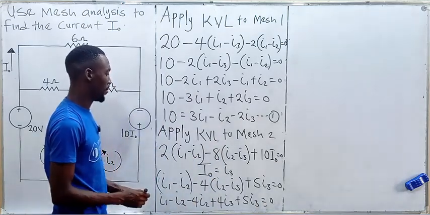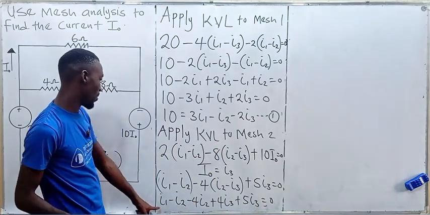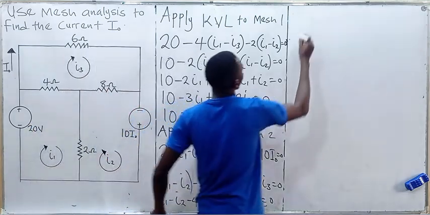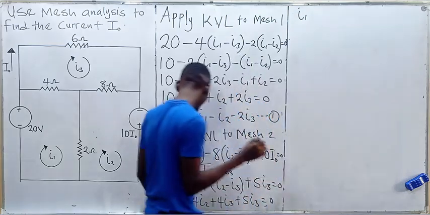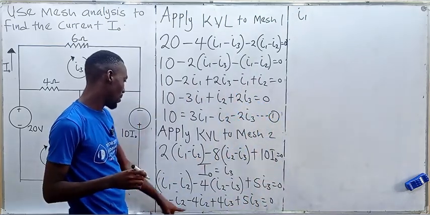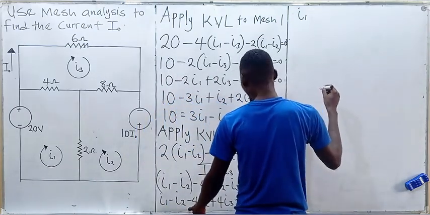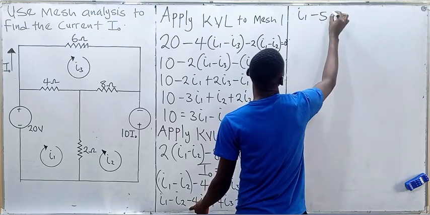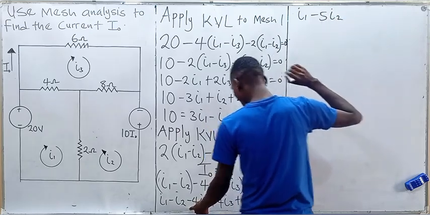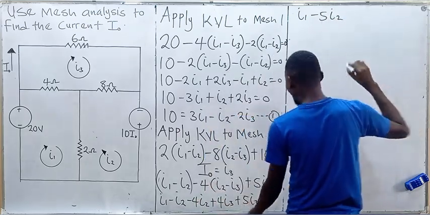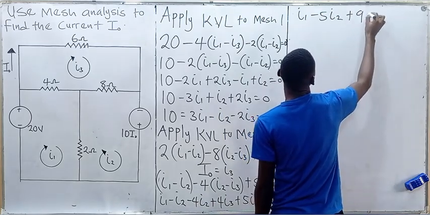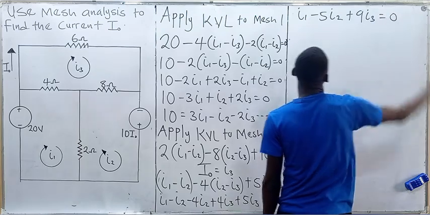All right. If we collect the like terms, we are going to have I1, then I2 is going to be minus 6, minus 5, not minus 6, minus 5I2. And then this plus this, that is 9, plus 9I3 equals 0.